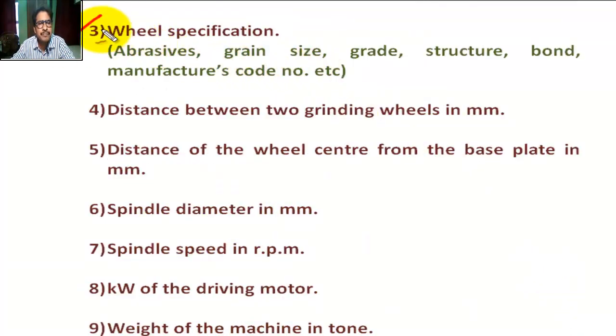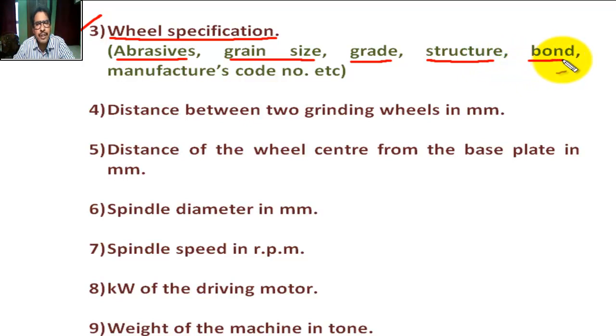Number three, grinding wheel specification. That means type of abrasive, type of grain size, which grade is used, structure of the grinding wheel and bond used, and also manufacturer's code number, etc.